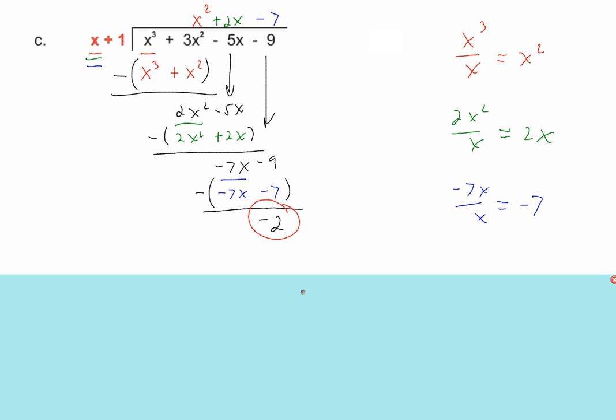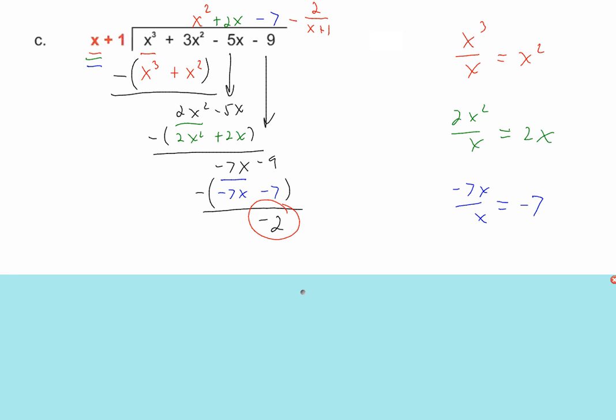Because that's a minus sign, I need this minus sign to come after the 7. And then I need the 2 divided by what? x plus 1, the divisor. If that would have ended up a positive 2, I'd have the positive sign here and the 2 over x plus 1.